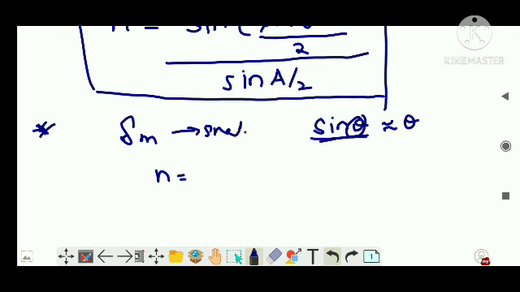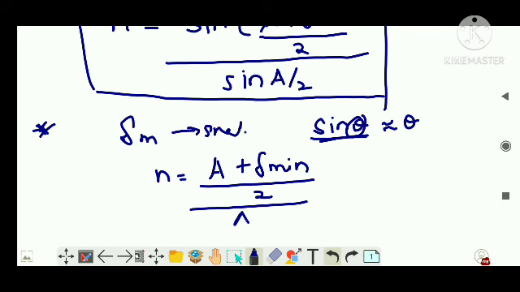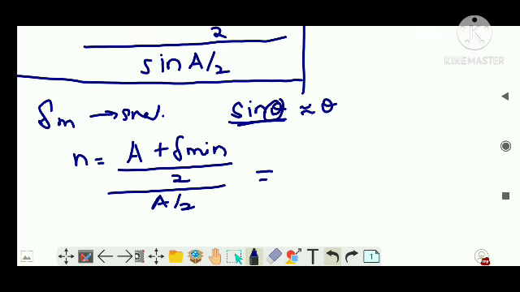You have learned this. So in the above equation, I will remove the sin. So the refractive index n is equal to (A plus minimum deviation) whole divided by 2, divided by A by 2. Clear? Now 2 cancels out. I can write refractive index is equal to (A plus minimum deviation) divided by A, right?